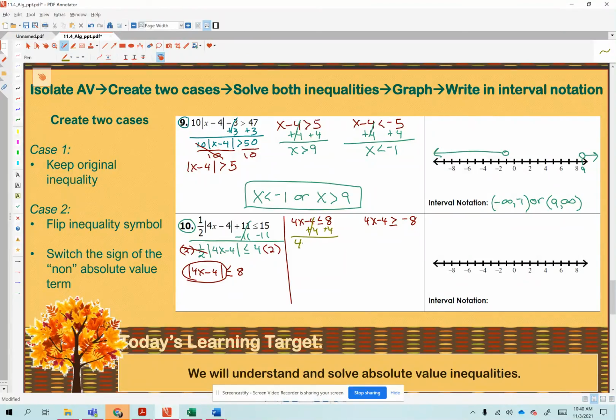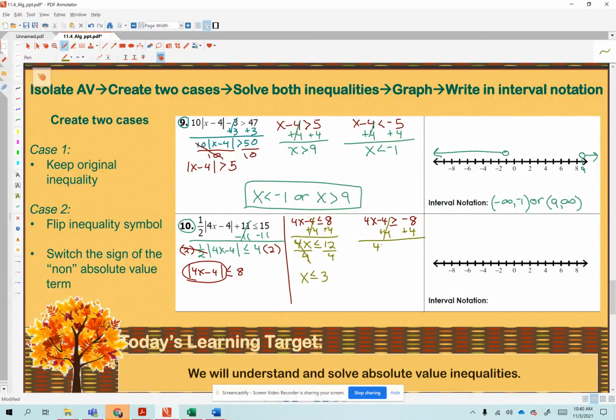Let's go ahead and solve the first problem by adding 4 to each side, which gives us 4x is less than or equal to 12. And then we will divide by 4. And x is less than or equal to 3. On the right side inequality, again, we will add 4 to each side.